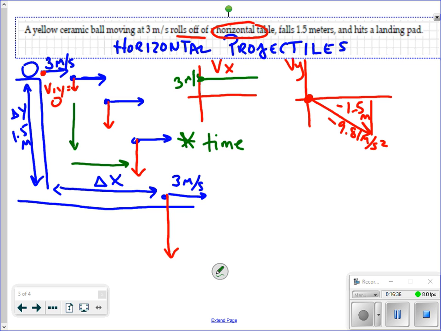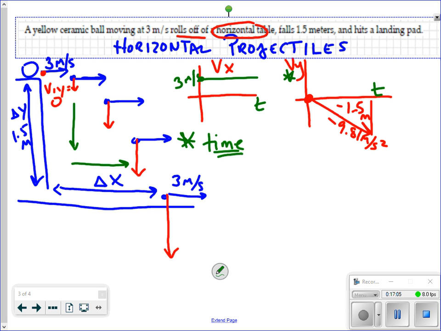So once you find the time for any of these problems, use the graph that gives you the most information. And this is the graph that gives you the most information. Start there, but find time, and then the time that you find here will be the same as the time there. And then you can finish the problem pretty quickly. So to save space and a little bit of effort, let's face it, all of our numbers are identical to that first problem.